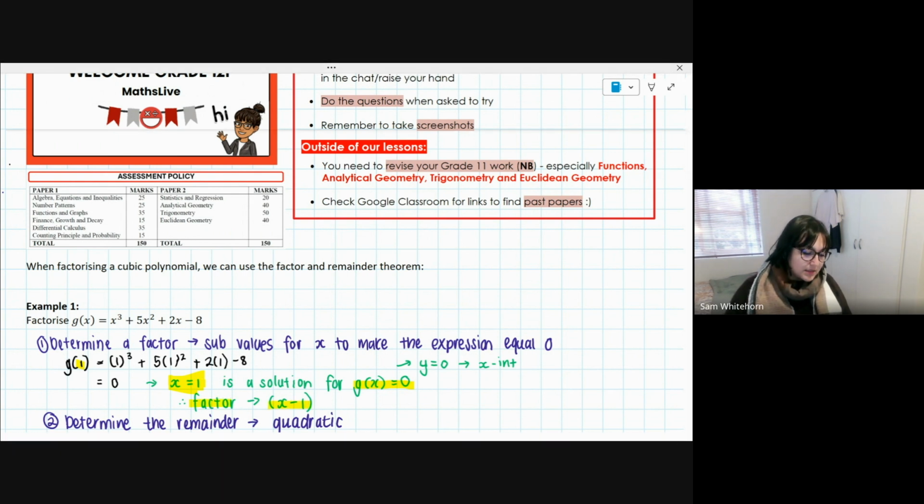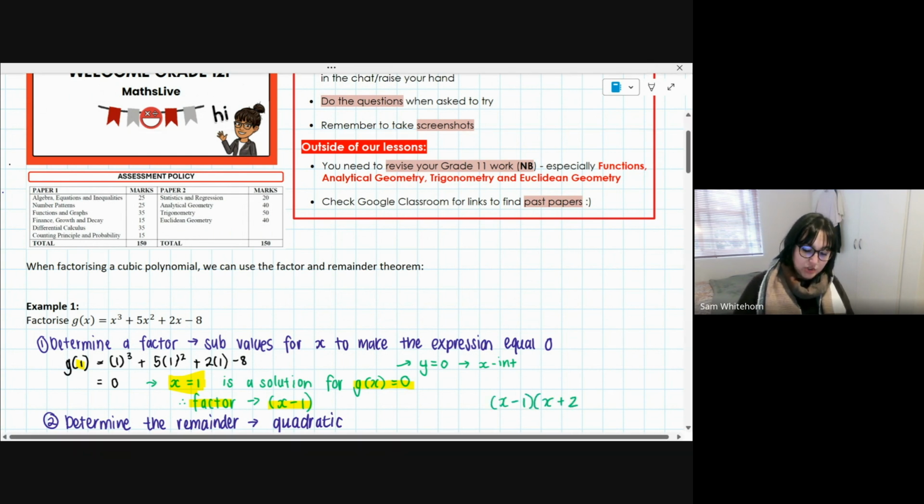Now, the reason it is x minus 1, if we just pop on over to the side here, is if you think back to a quadratic equation. You got your quadratic equation, you factorized it, and let's say you got these two factors: x minus 1, x plus 2 equals 0.